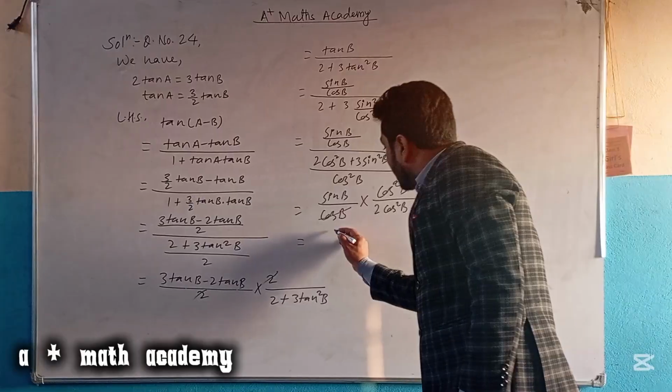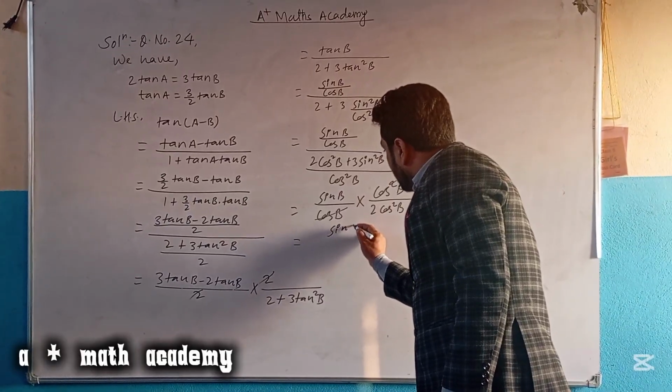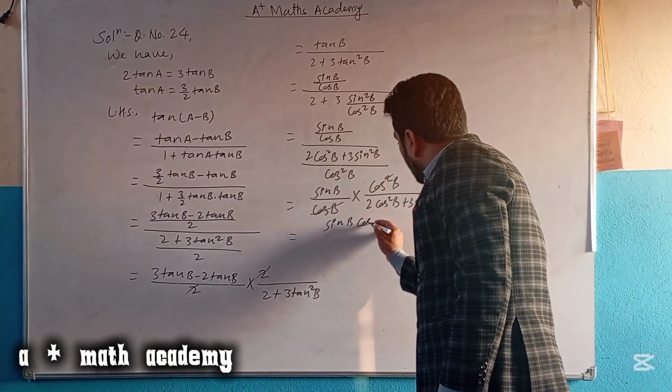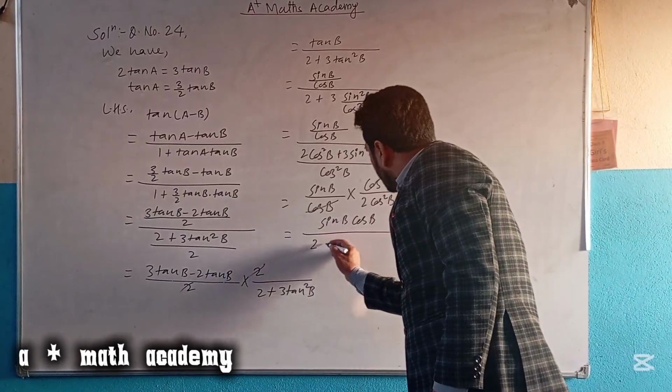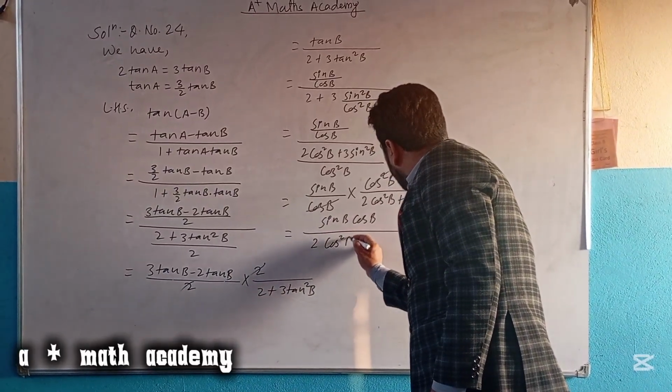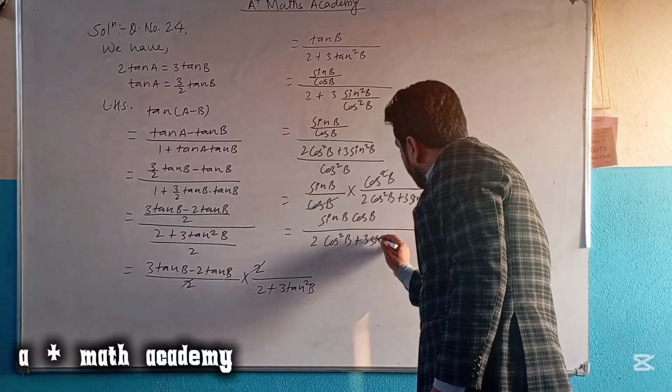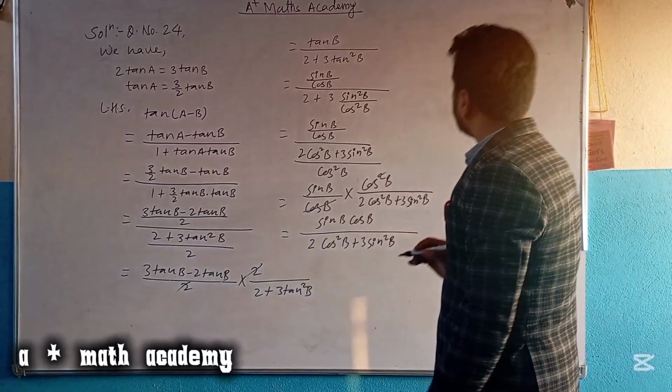Then sin B cos B is remaining in the numerator, and the denominator is 2 cos square B plus 3 sin square B.